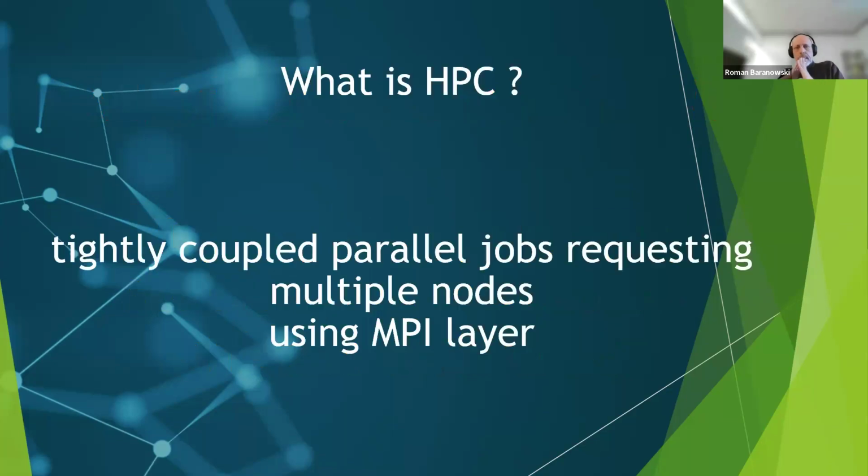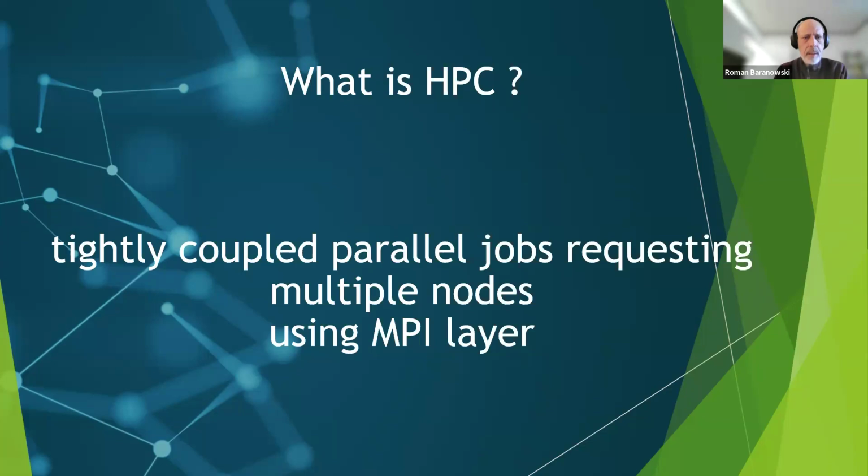So right now, let's define what HPC is. In essence, HPC means tightly coupled parallel jobs requesting multiple nodes, where the communication between the nodes is based on the message passing interface layer.